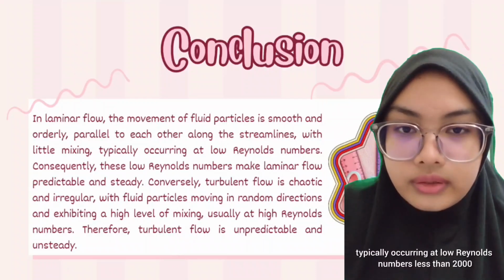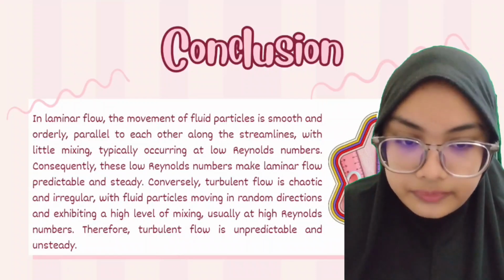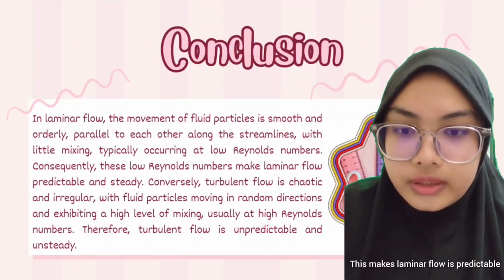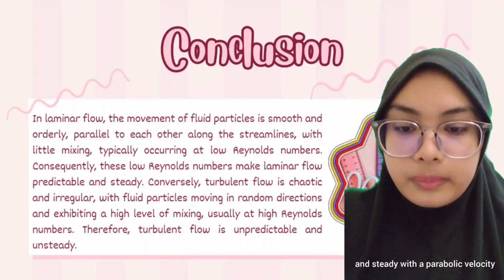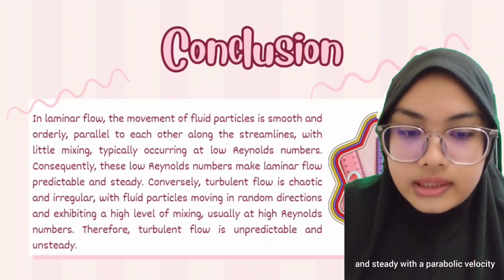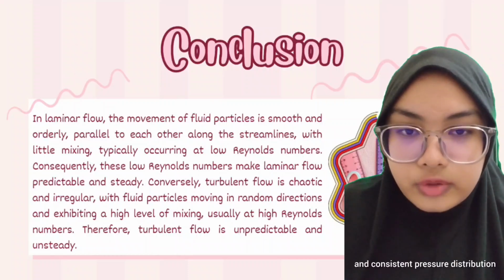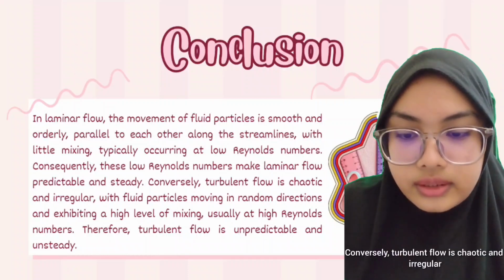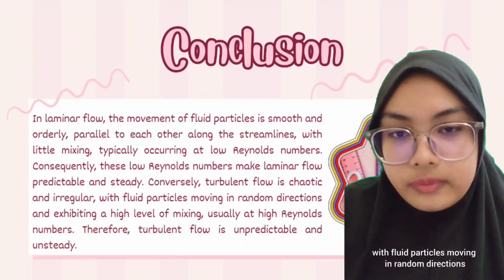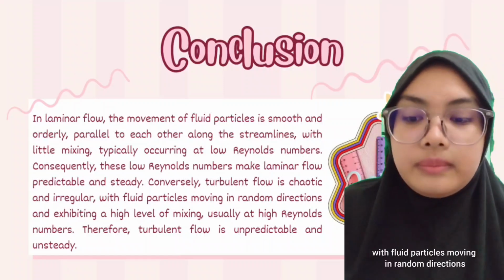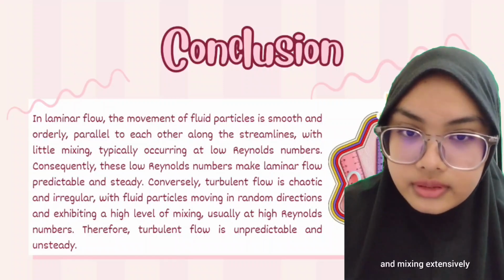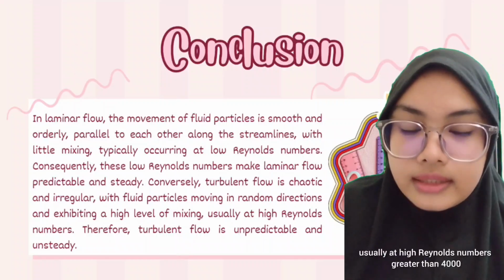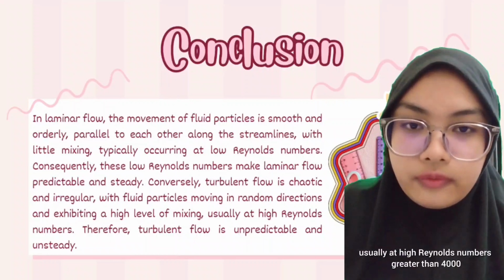In conclusion, in laminar flow, fluid particles move smoothly and orderly in parallel layers with little mixing, typically occurring at low Reynolds numbers less than 2000. This makes laminar flow predictable and steady, with a parabolic velocity profile and consistent pressure distribution. Conversely, turbulent flow is chaotic and irregular, with fluid particles moving in random directions and mixing extensively, usually at high Reynolds numbers greater than 4000.